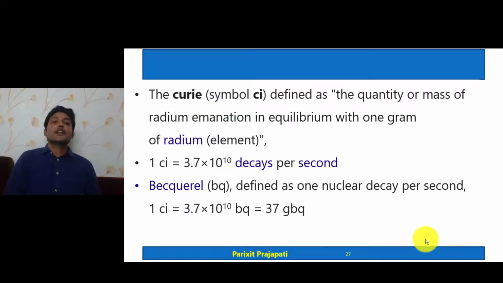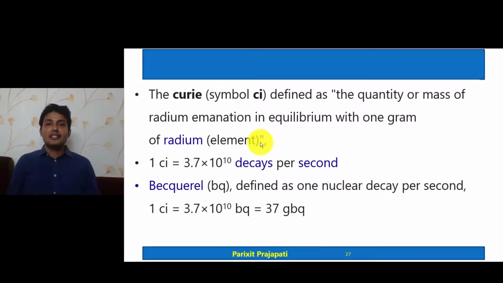Now what is Curie? The symbol given is Ci, and how is it defined? It is defined as the quantity or mass of radium emanation in equilibrium with 1 gram of radium. So in simple words, the quantity of radiation emitted by 1 gram of radium.